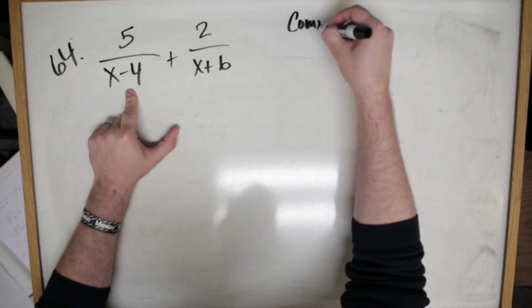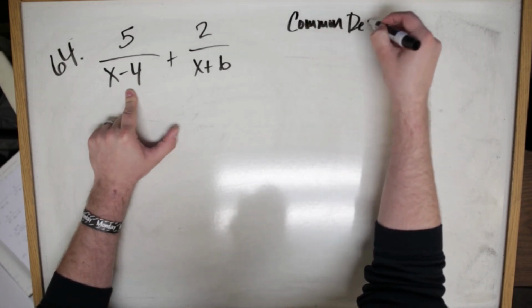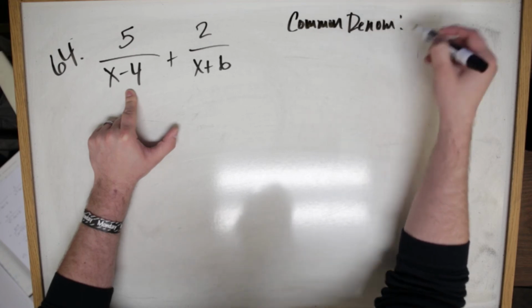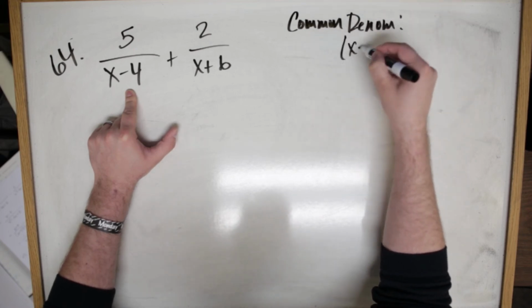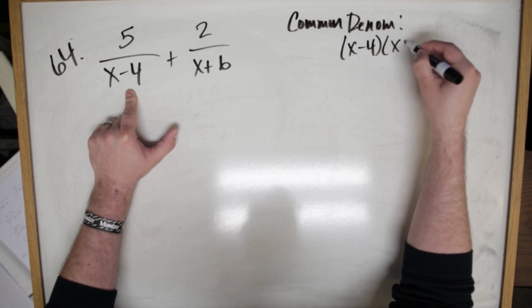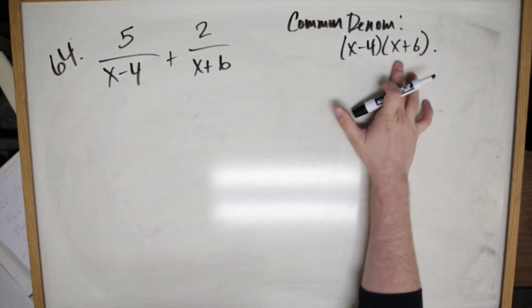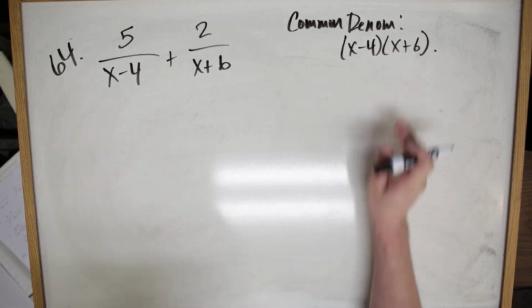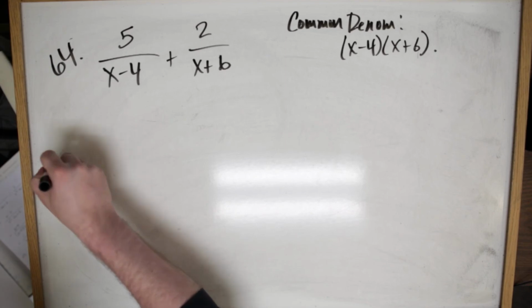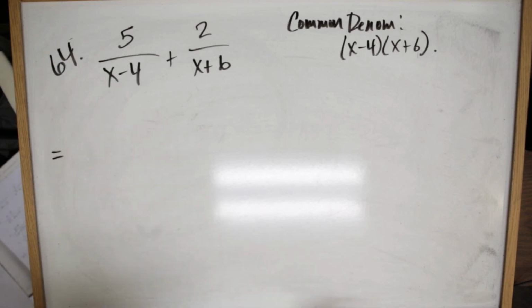This is going to be x minus 4, x plus 6, okay? And so in order to get this, we need to multiply by the missing component. So this is the same thing. I'm just, again, bear with me as I write this out.